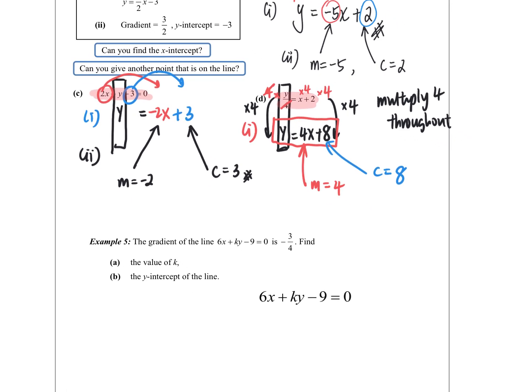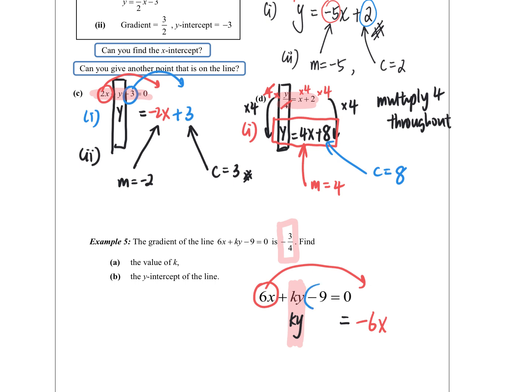Okay, now they tell me gradient is this value. So in order for me to know that, I need to change to gradient intercept form first. So I'm going to keep the ky here and shift everything else to the other side. So this one I don't want, shift to the other side.